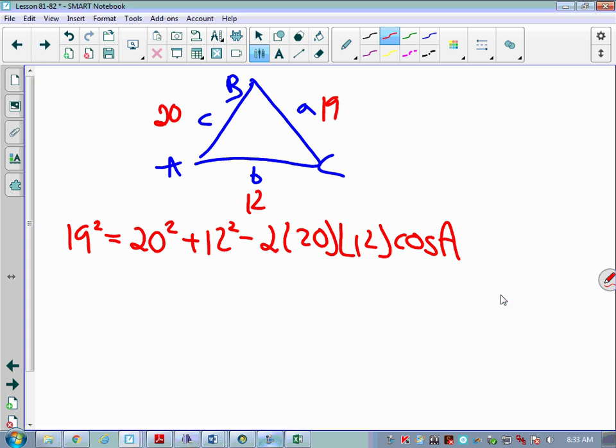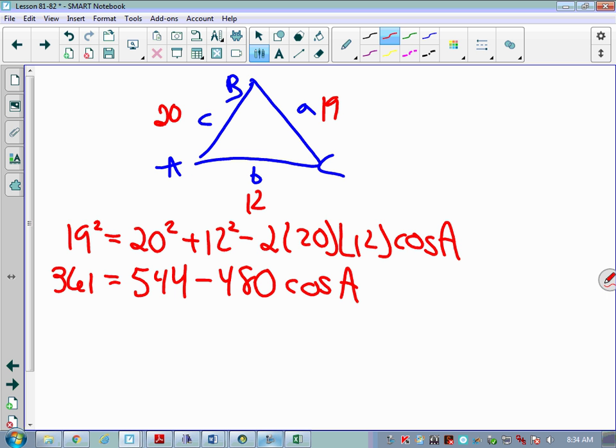All right, where are we at here? Let's see. So, kind of speed along here. We got 361. We've got 20 squared, that's 400, plus 144. So 544 minus 480 cosine A. Subtract 544 from 361. You're going to get negative 183.